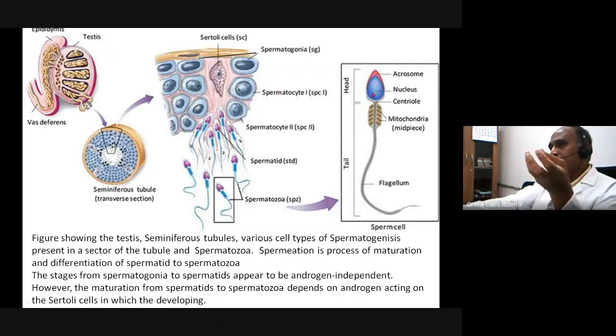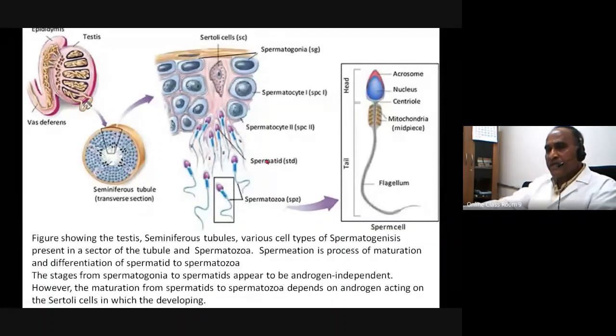This is one of the matured spermatozoa, where the chromosomes are there, then we have the mitochondria, the nucleus and the flagellum. You have the spermatogonia, primary spermatocyte, secondary spermatocyte, spermatid, and spermatozoa. Now, the differentiation from the spermatid to spermatozoa is known as spermiation.